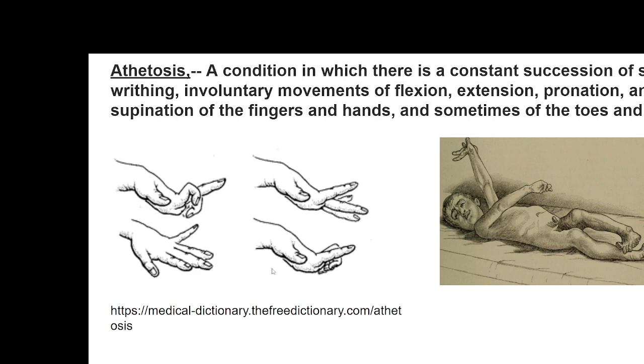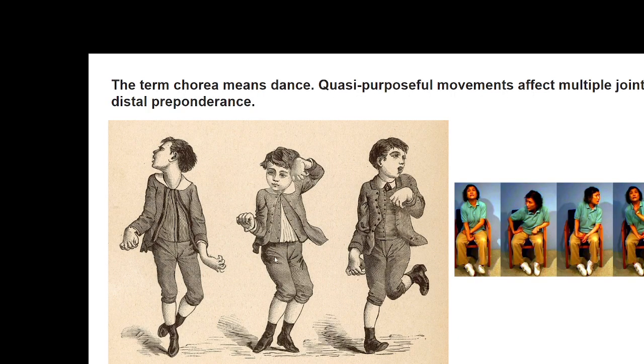That's athetosis. Similar abnormal movements may occur with repetition which involves multiple joints and may have an appearance like that of a dancing-like condition, may have some features which look like a meaningful movement, but they are not really meaningful.